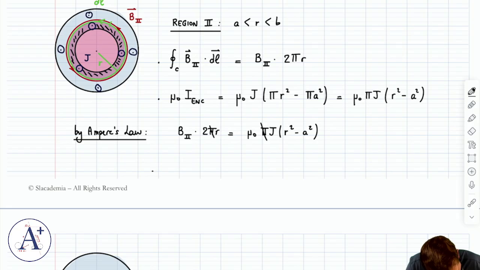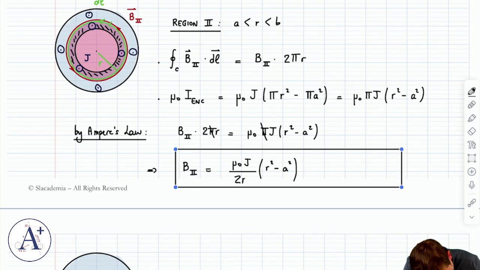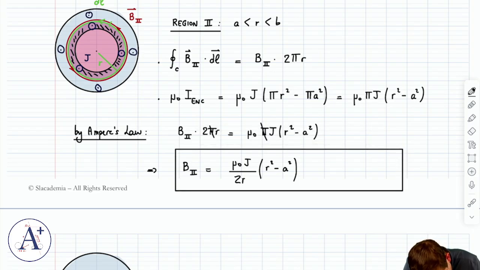Pi goes away, but I get B2 is equal to mu naught J over 2r times little r squared minus little a squared. And that's going to be in region 2, which is for r between a and b.